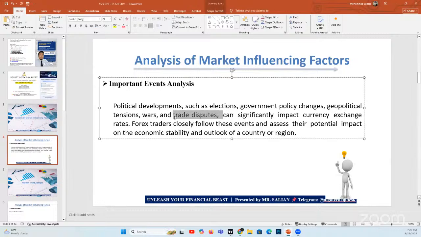Trump now, the crazy guy, is always imposing tariffs on China, and now Apple went to India to manufacture all these iPhones. All this is not affecting our lives, but what to do, my friends? Which can significantly impact currency exchange rates.